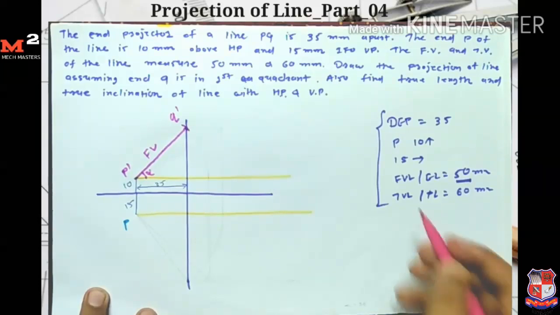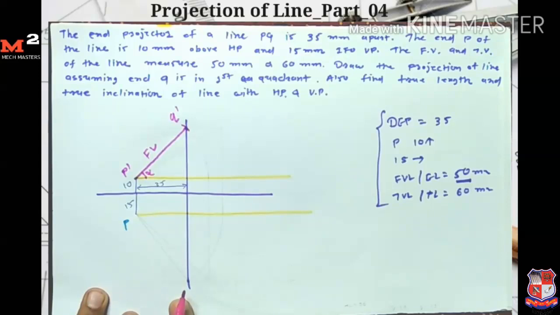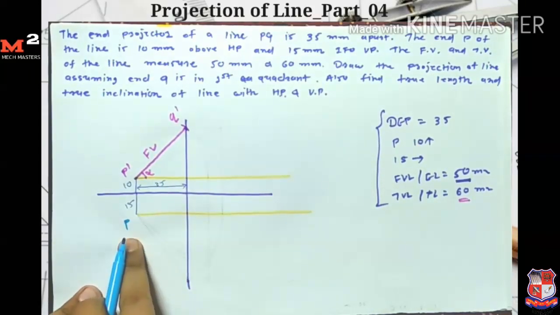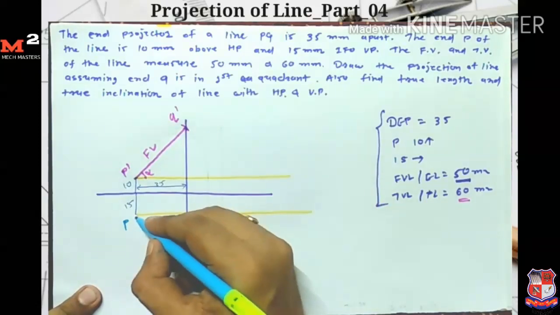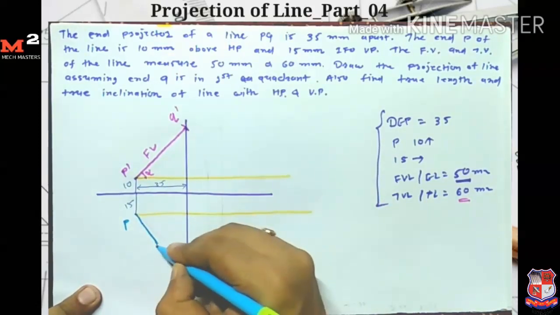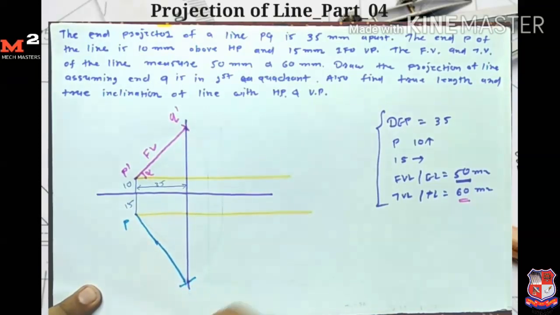Similarly, the top view length is 60 mm. So for finding the point Q I have 2 conditions. Its distance from point P is equal to 60 mm, and I get the point Q on this vertical line. So I take P as a center and 60 mm as a radius, and I draw one arc which intersects this vertical line here.